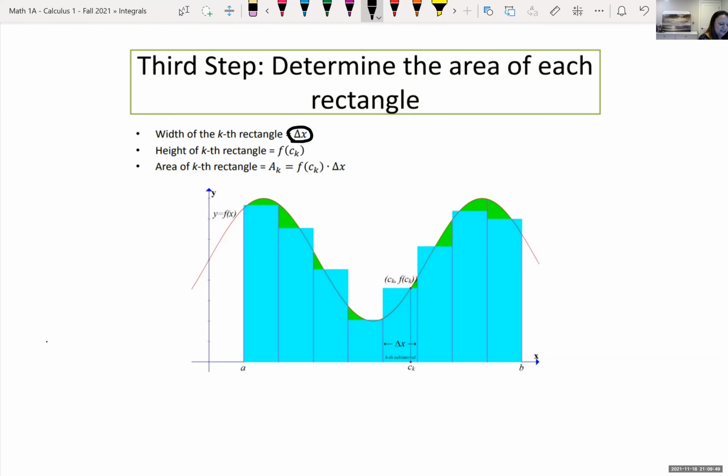The height is f of c sub k. And the area of that rectangle is this: A sub k equals the height of the rectangle, f of c sub k, times the width, delta x. So we're going to go through and find the area of each one of those, and then we're going to sum them.